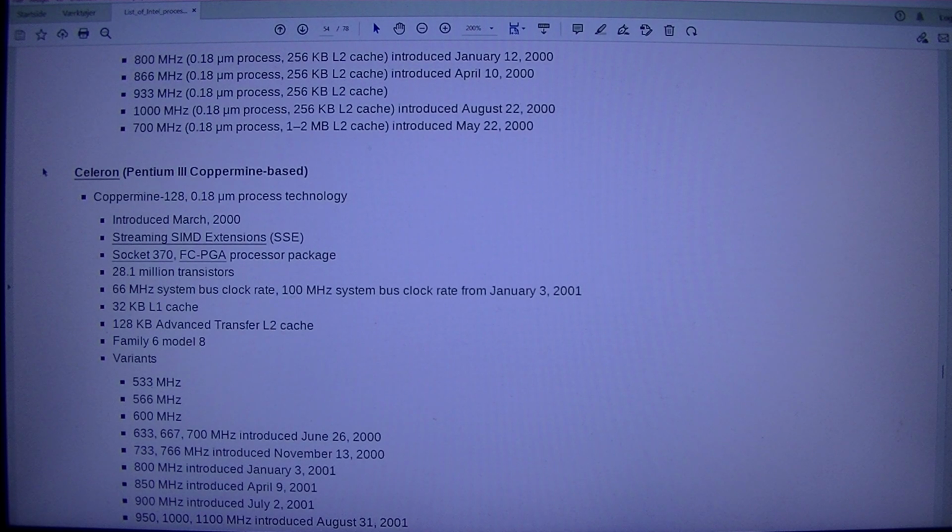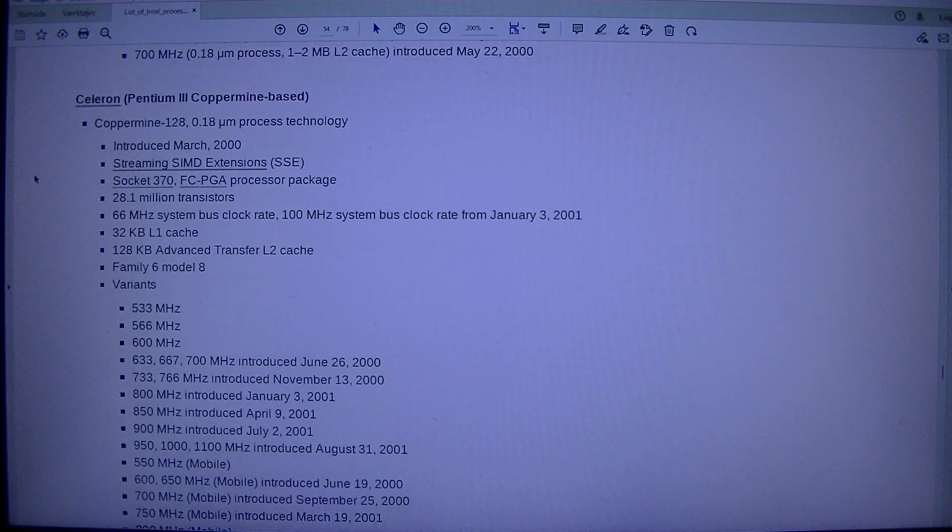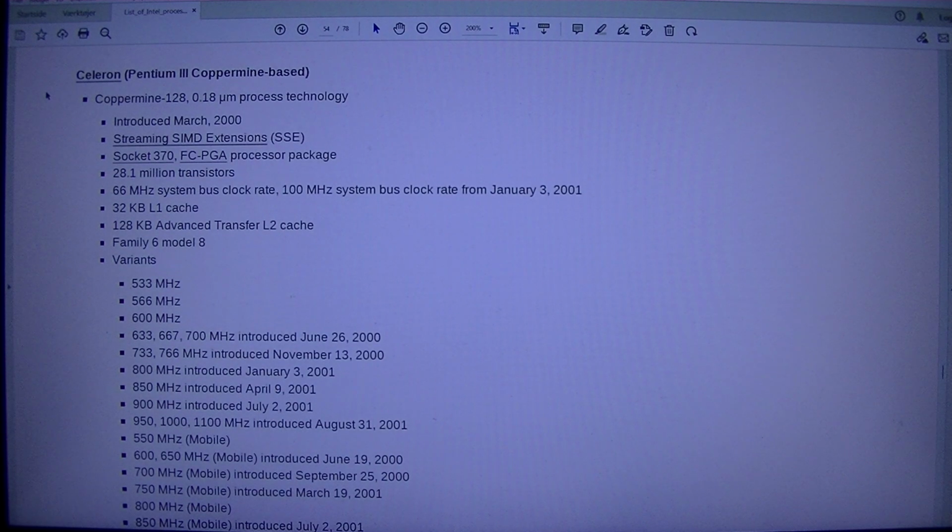Celeron, Pentium 3 Coppermine based. Coppermine 128, 0.18 micrometer process technology, introduced March, 2000. Streaming SIMD extensions, SSE.